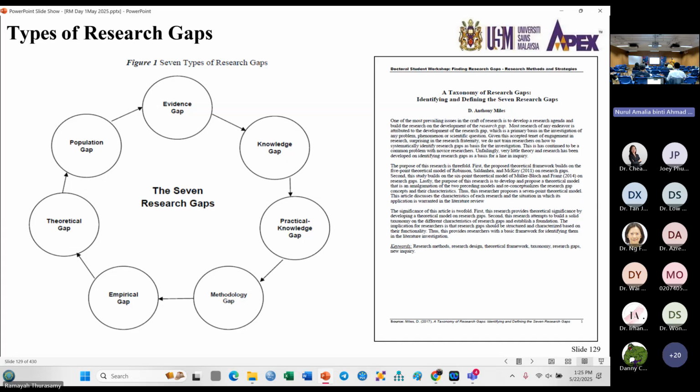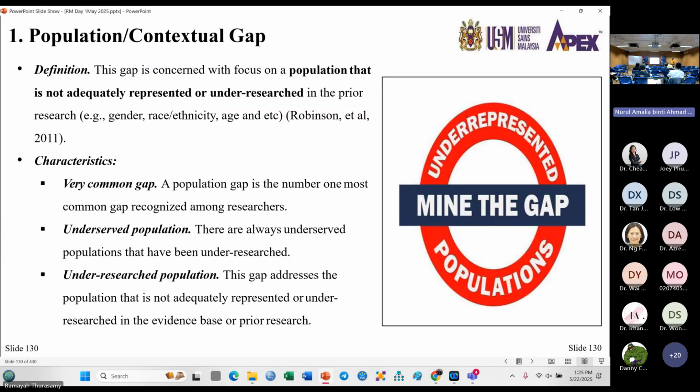But sometimes that kind of gap is not original. The research model is the same. So that's why we will focus on the population gap. This is the most popular gap in many studies, right? This study has not been done in China, India, or wherever. But here, population gap doesn't give you your contribution.